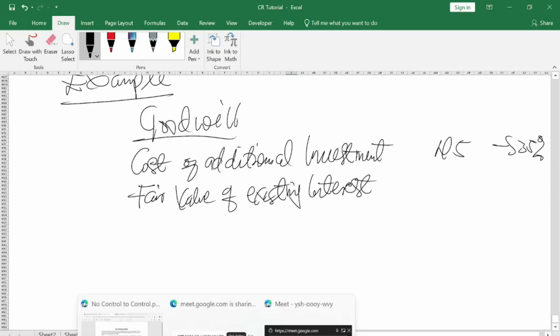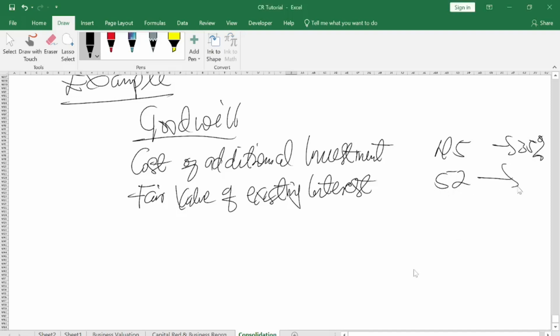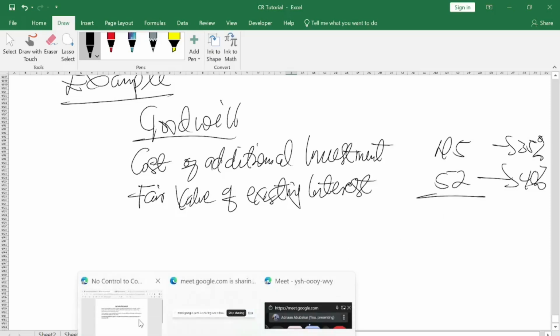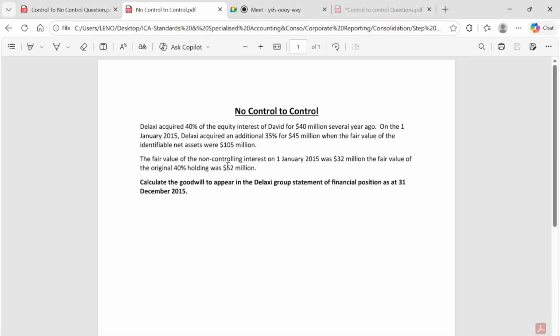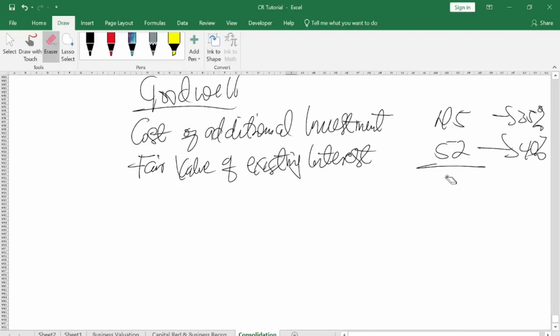How much is the fair value? 52 million. Earlier it was 40%. You understand? So it's now 52 million from 40. So you add it up. What do you have? 97.